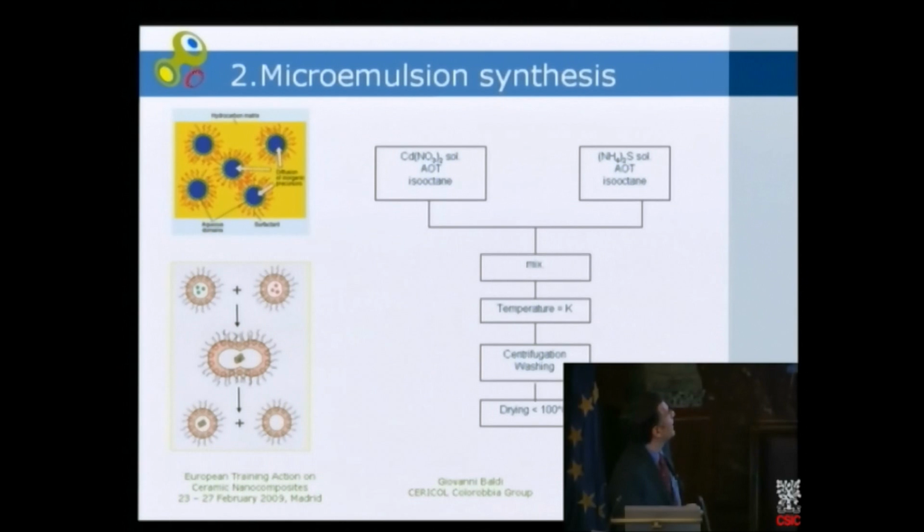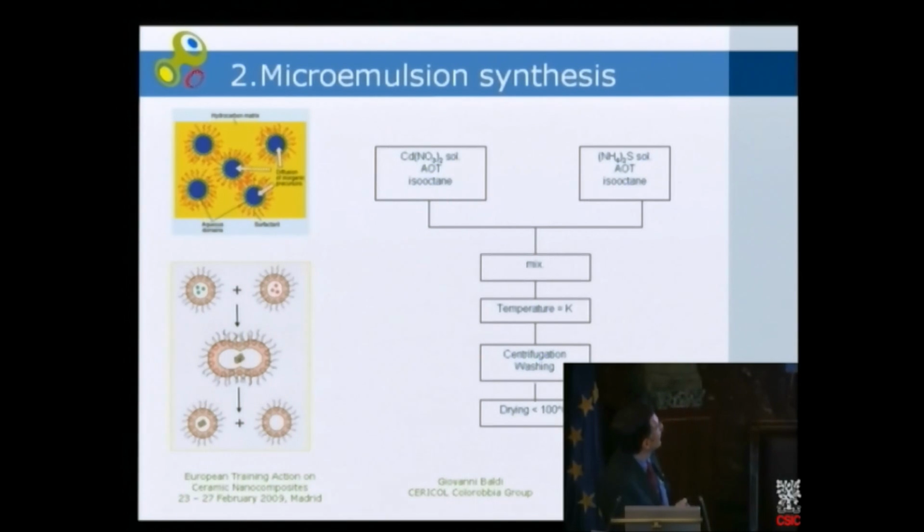When we mix these two different sets of micelles in the reaction reactor, usually we have to give some energy to this coalescence phenomenon, for example with microwave or ultrasound application.